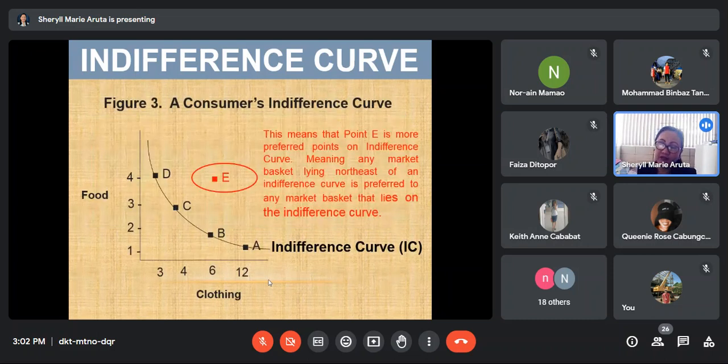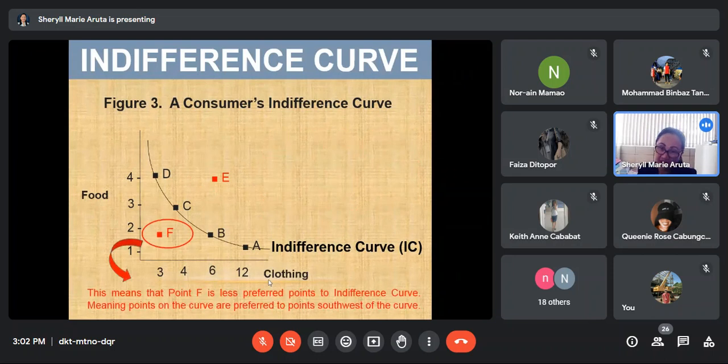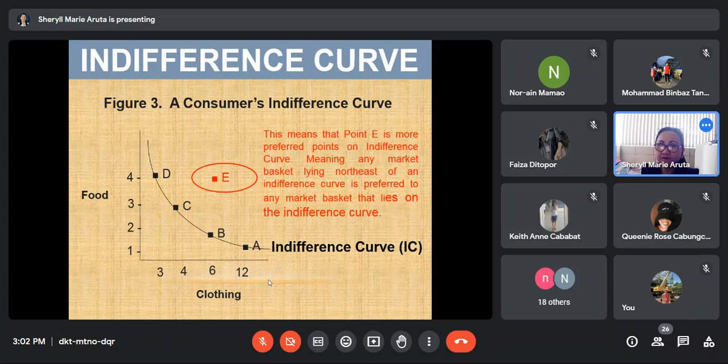In the concept of the indifference curve, there are points that can be seen along the indifference curve, and points lying outside or lying inside the indifference curve. Okay? So what does it mean?